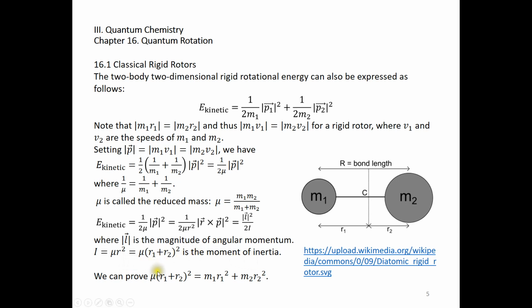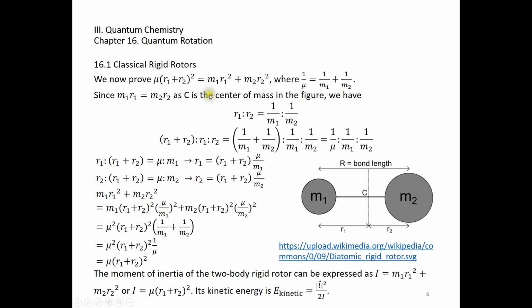We can prove this: mu times r1 plus r2 squared is equal to m1 r1 squared plus m2 r2 squared. Now let's prove this. 1 over mu is equal to 1 over m1 plus 1 over m2.